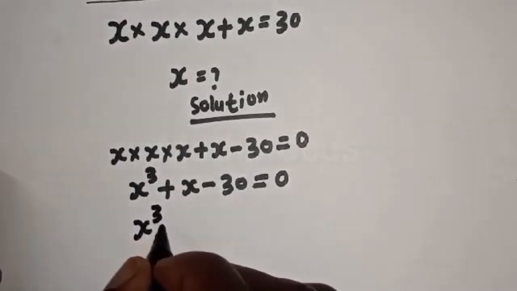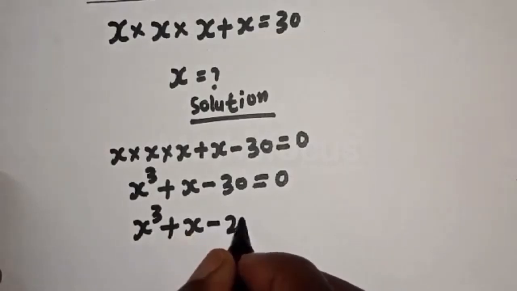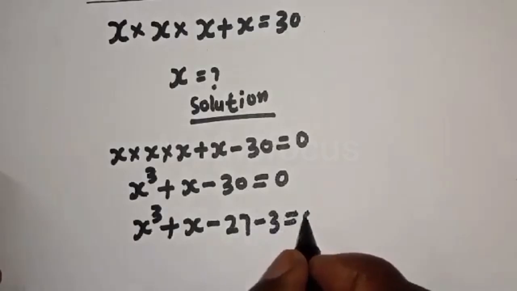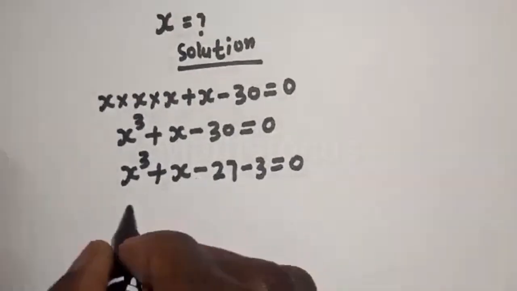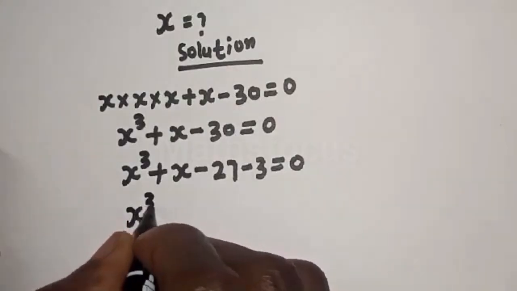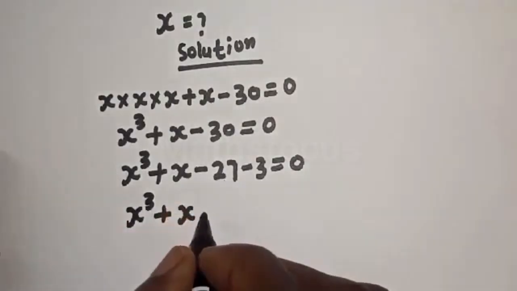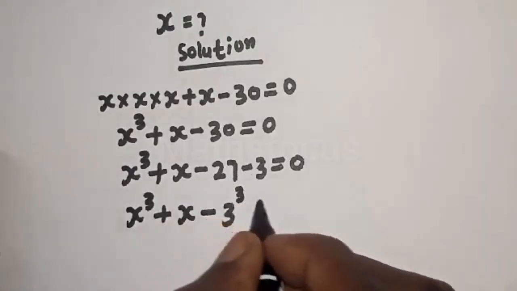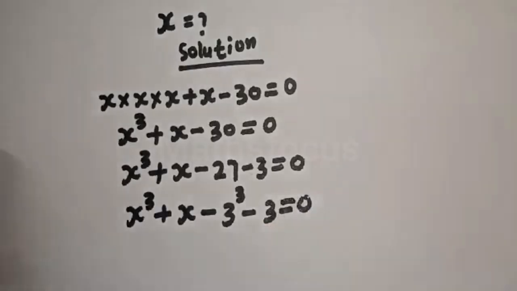Then this is s raised to power 3 plus s minus 30, which can be written as s raised to power 3 plus s minus 27 minus 3 is equal to 0.